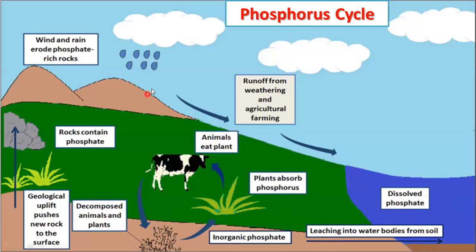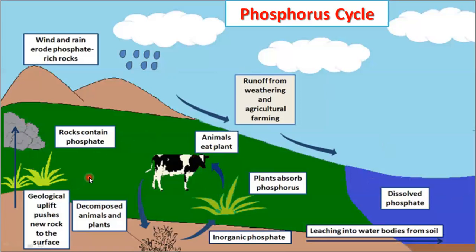So in this way, the phosphorus is transferred from the earth surface to the atmosphere and from atmosphere to the ocean. Remember that the source of phosphorus is only rock and the fertilizer which we are using for the agricultural fields.